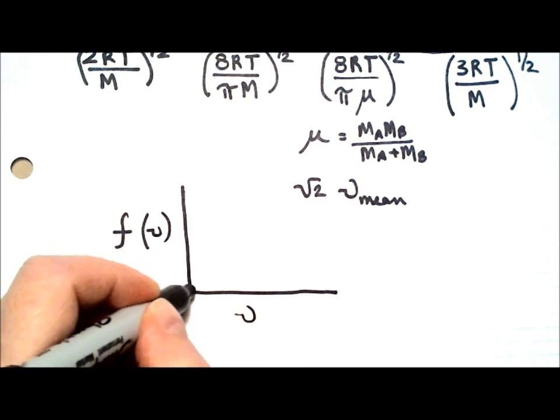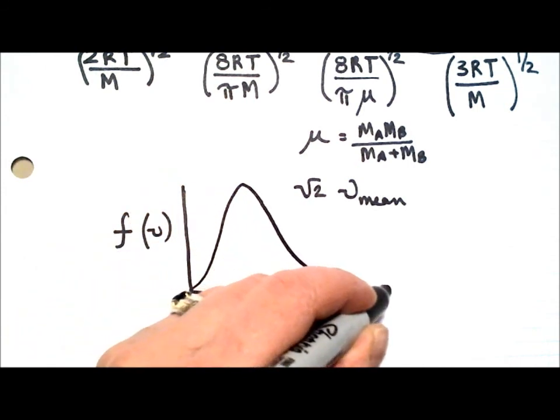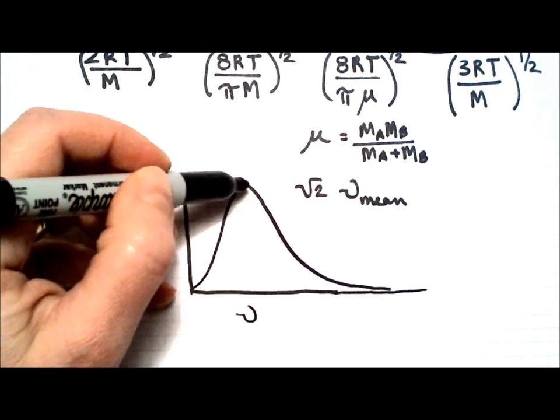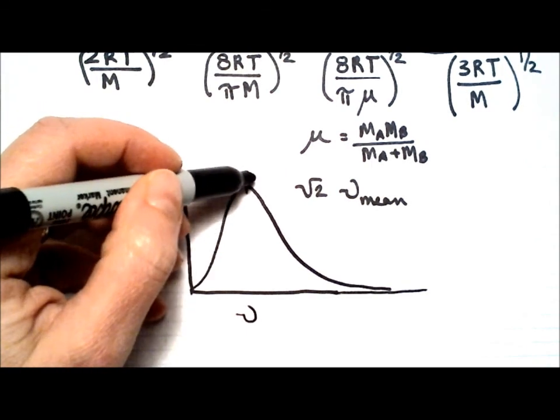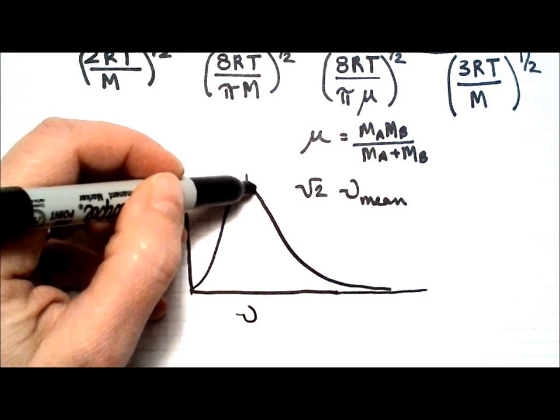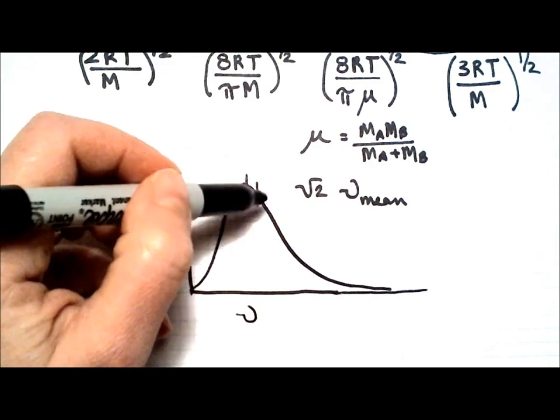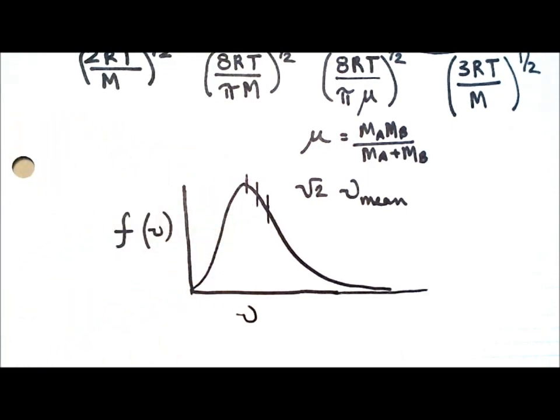We would have this typical distribution like so, and we have a most probable, and next to that the second benchmark would be the mean, and next to that the highest one is the root mean square speed. So you could label those if asked. All right.